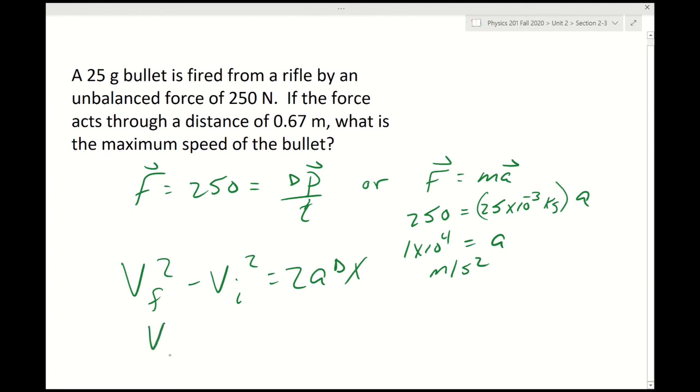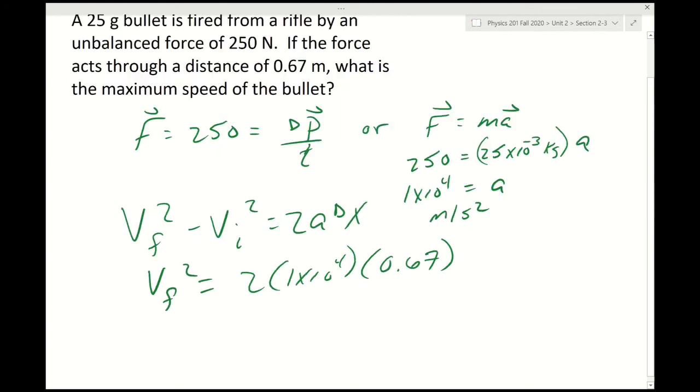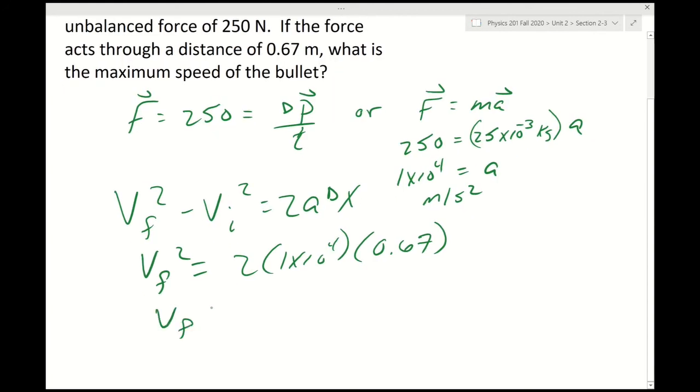So we know that Vf squared is equal to 1.34 times 10 to the 4th, and Vf is equal to about 116 meters per second. Now, if we were to use proper significant digits, all of these have 2. So we would actually have about 120 meters per second.